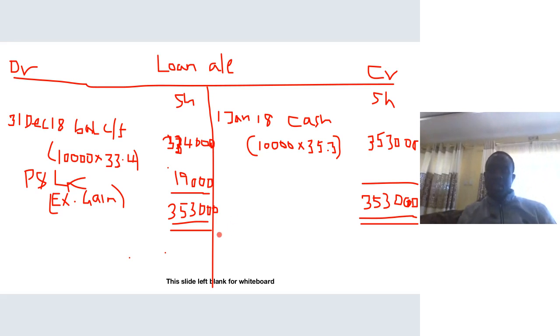In January 2019, we'll have balance brought down of 334, not the gain, because that is what is in our account.